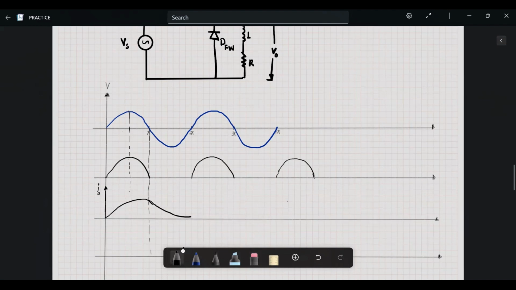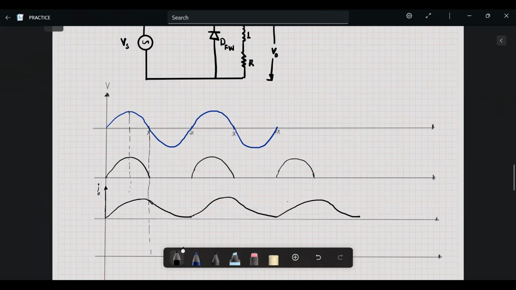The current will be there, but in a reducing state, right? So this is during the off period, and this will continue until the next cycle comes also. Then it continues reducing just like that. So this is how the current is going to look.